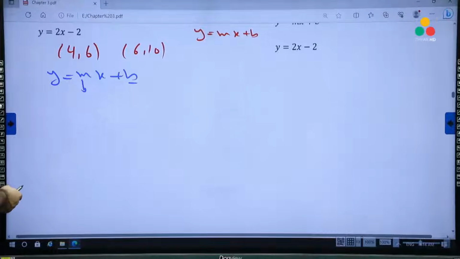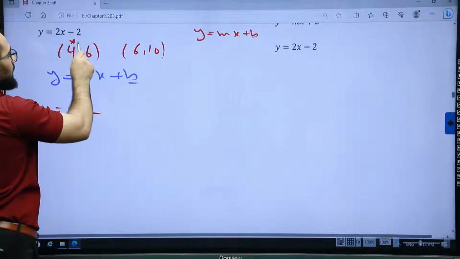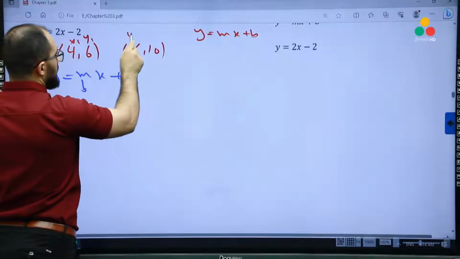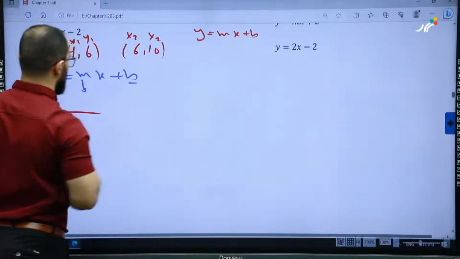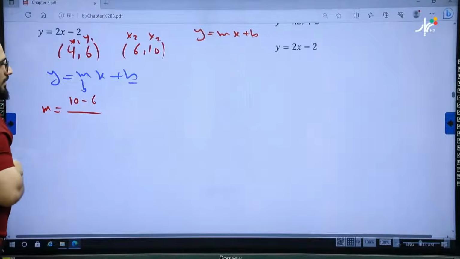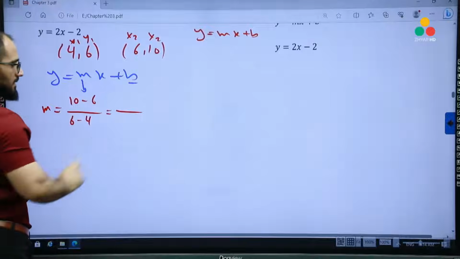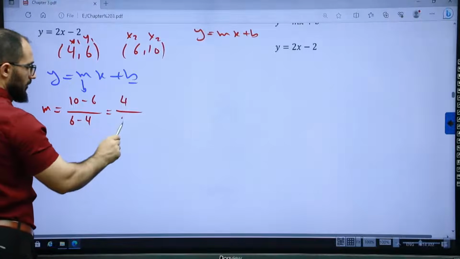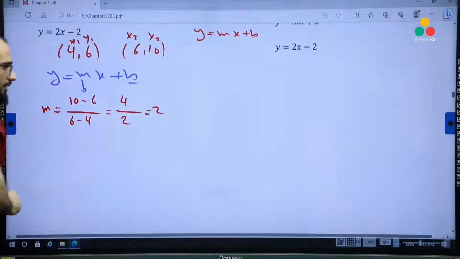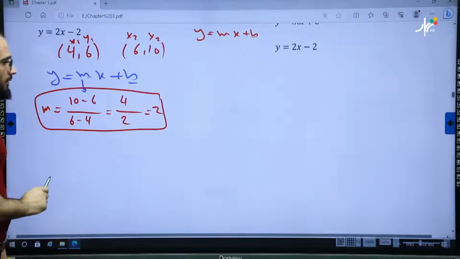How to find m? m is equal to y2 minus y1 over x2 minus x1, with points x1, y1 and x2, y2. y2 is 10, minus y1 is 6. x2 is 6, minus x1 is 4. It's going to be 10 minus 6 is 4, divided by 2 is equal to 2. So m is equal to 2.